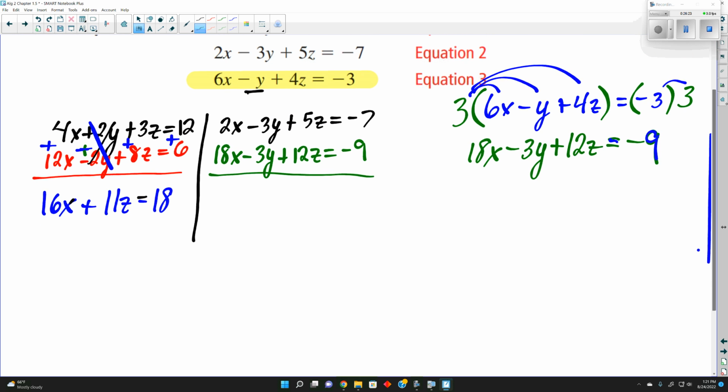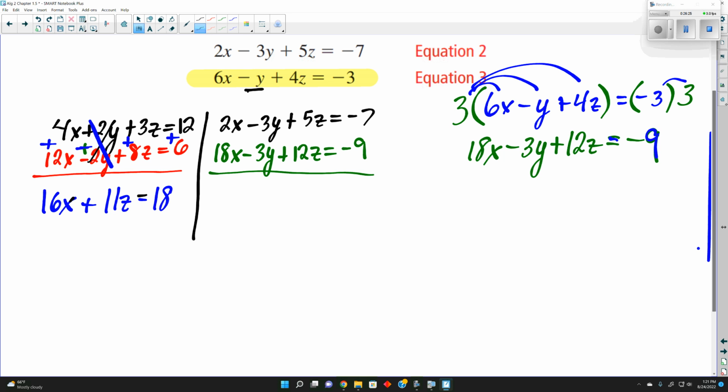I think it should be negative 6. That's 6. It should be negative 6. I'm glad I caught that. So it should be positive 6.